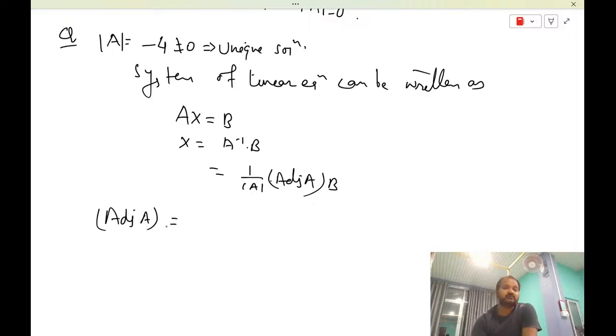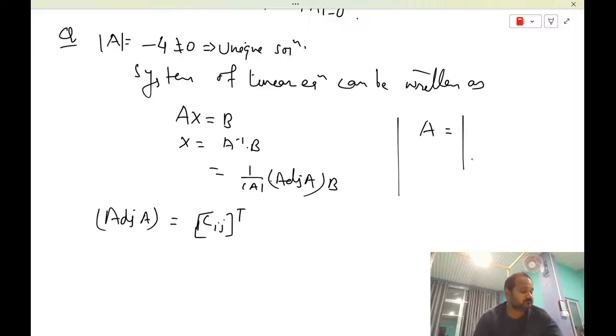So how do we find the adjoint of A? It is the transpose of its Cij. Firstly we will see the A matrix. The A values we have seen are 1 1 1, 1 1 1, 2 5 7, 2 1 -1.